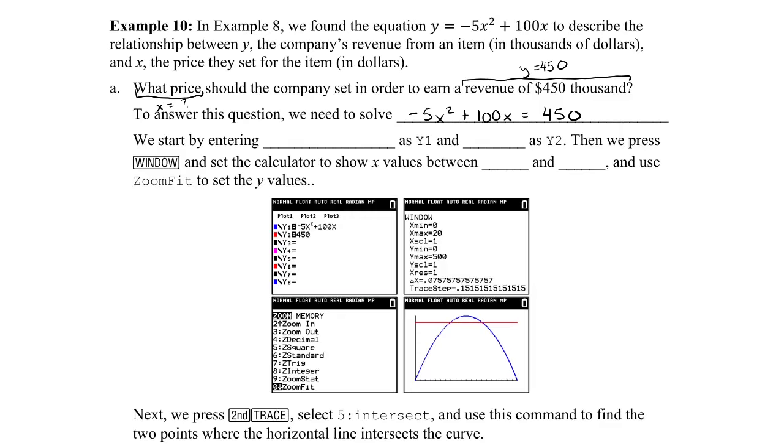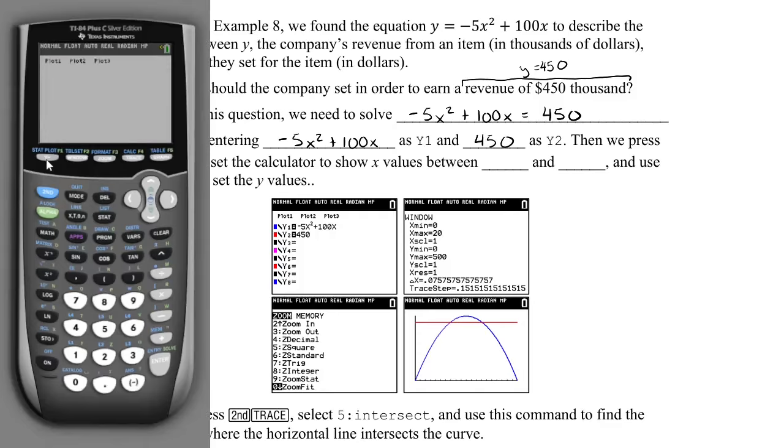We'll start by entering the left-hand side, negative 5x squared plus 100x as y1, so our first function, and 450 as y2. So I'm hitting y equals, I already have negative 5x squared plus 100x in y1. I'm changing y2 to be 450.